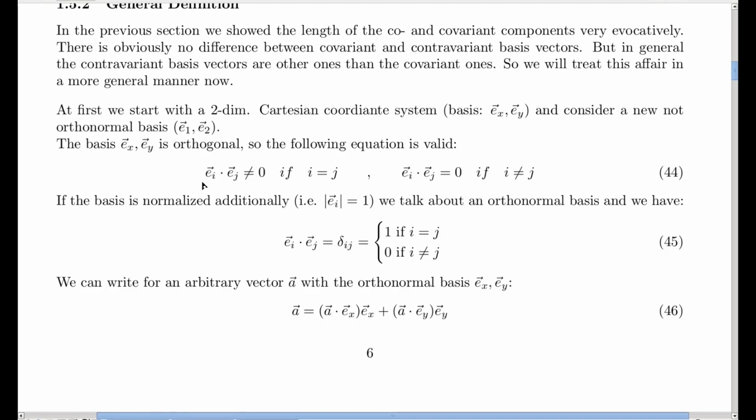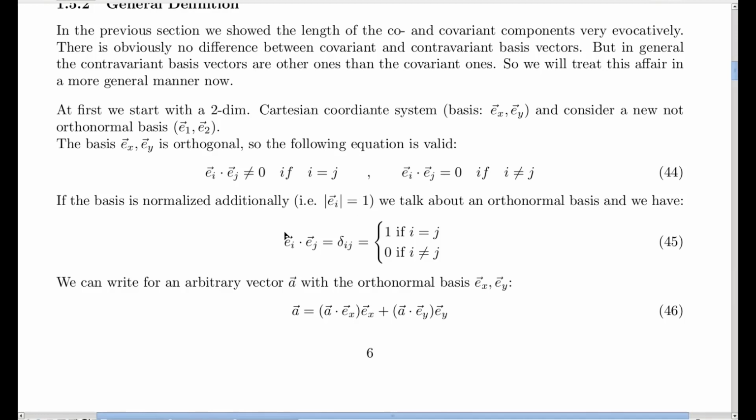If we have a normalized basis, then the E vectors, of course, have the absolute value 1, the length 1. If we have an orthonormal basis, then we can write for the scalar product of two basis vectors the delta Kronecker. And here, in this case, we get exactly 1 if the two indices are equal, and again 0 if the indices are unequal.